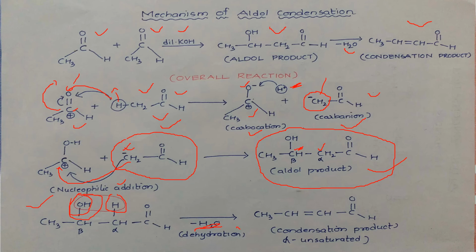That means dehydration is taking place, and we finally get the alpha, beta unsaturated condensation product. See, because there's a double bond between alpha and beta carbons, this is the alpha, beta unsaturated condensation product or unsaturated aldehyde. So this is what happens in aldol condensation.